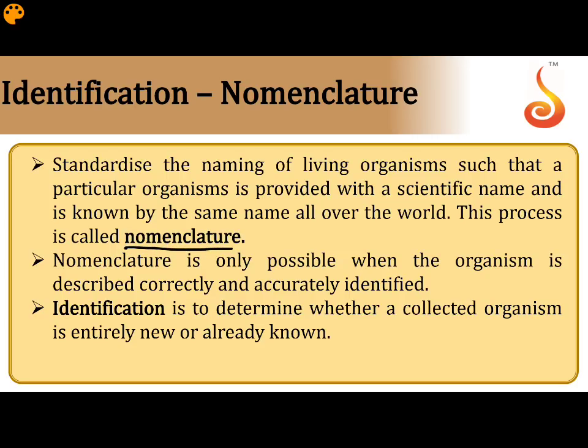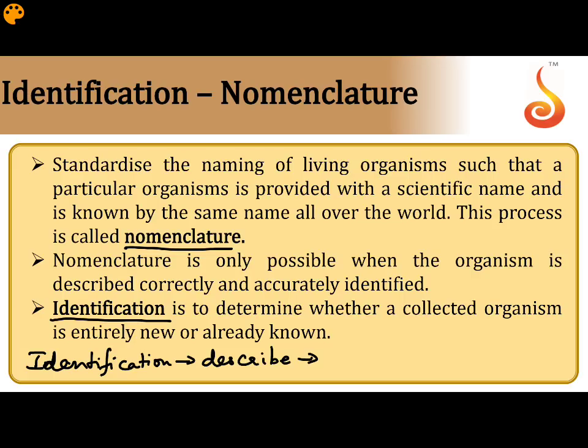And how do you proceed with the nomenclature? First and foremost, we need to identify any organism around us. After we have identified the organism, we have to collect or describe the characters of the organism.